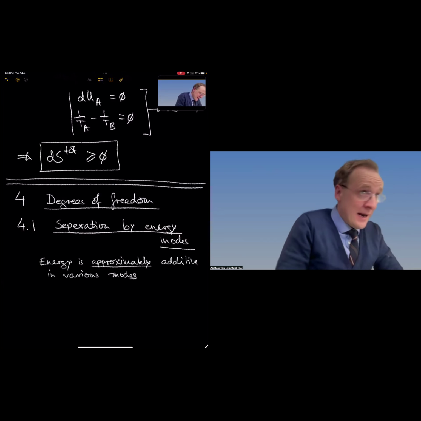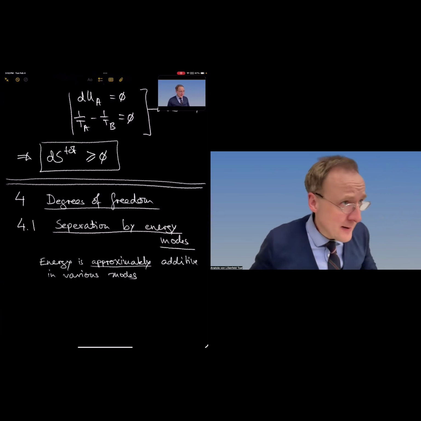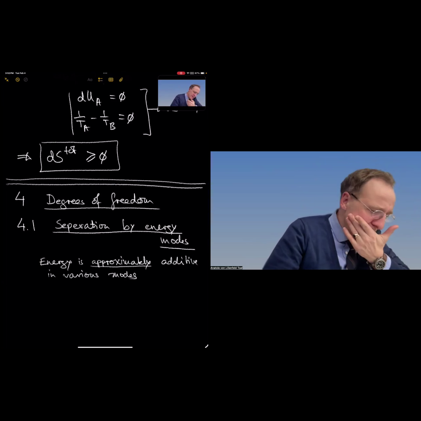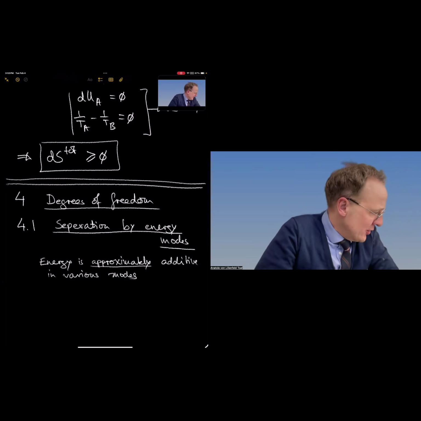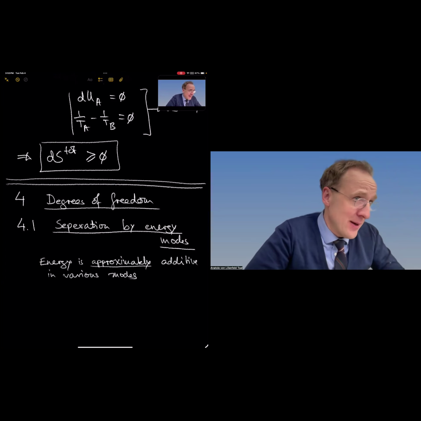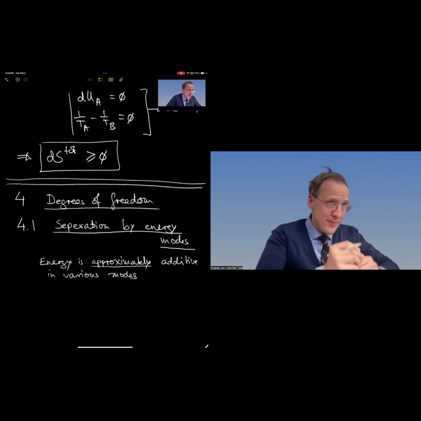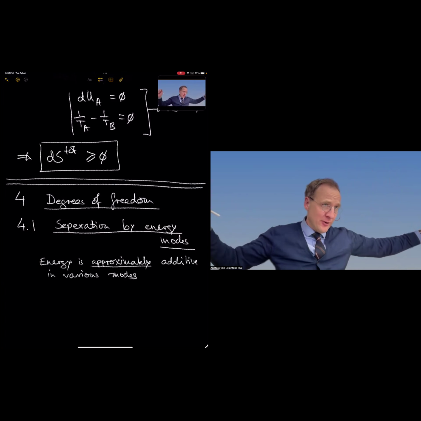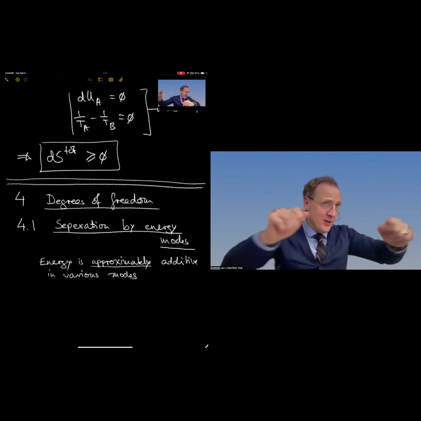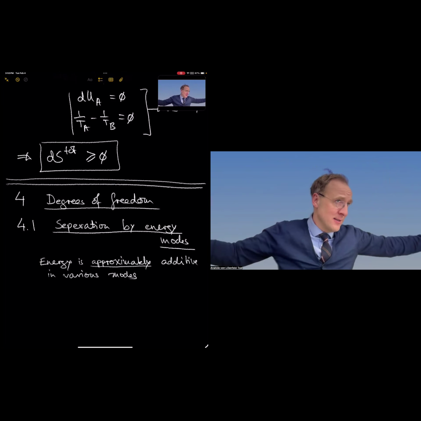Okay, I'm writing approximately here because you should remain aware of the fact that there can be coupling between the modes. In particular, imagine you're stretching your bond, right? What will happen to the electronic levels, right? What will happen to the vibrational levels? What will happen to the rotation in those, right?